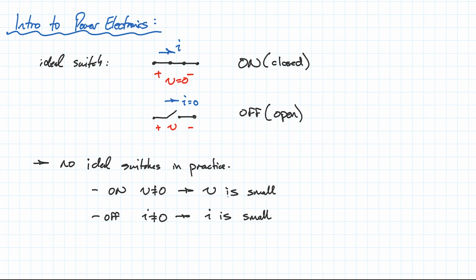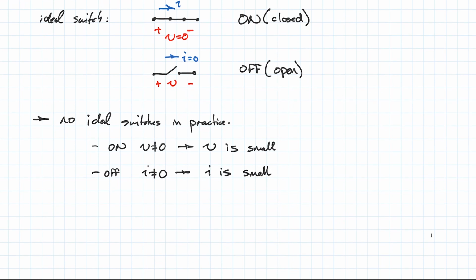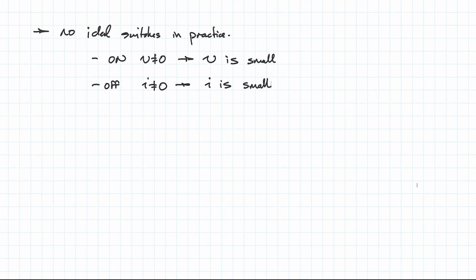You might have some small voltage drop across the internal resistance of the switch, or some small current going through, which we often call leakage currents. So you might have those things happening in real switches.